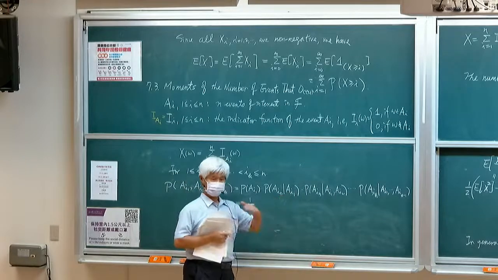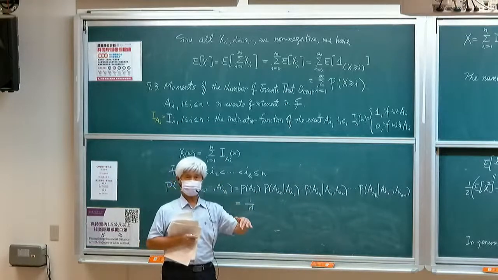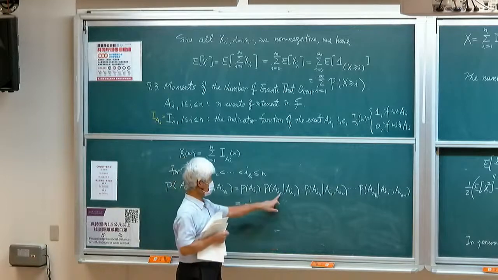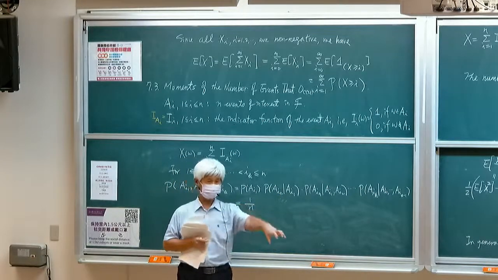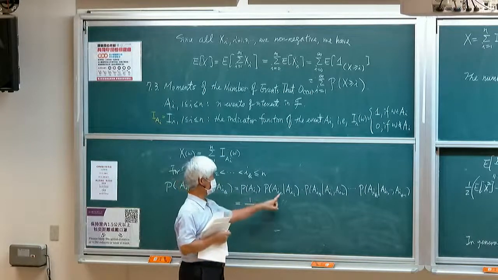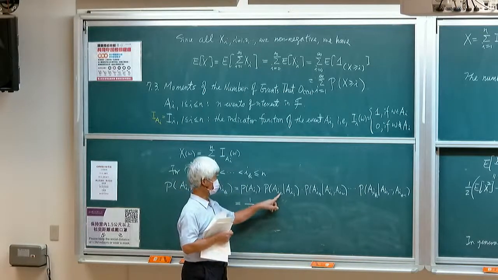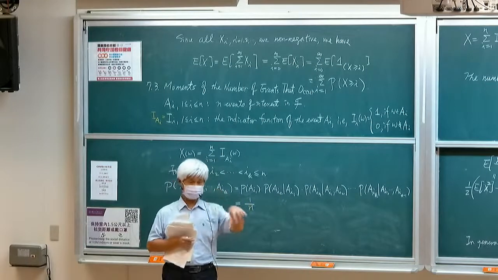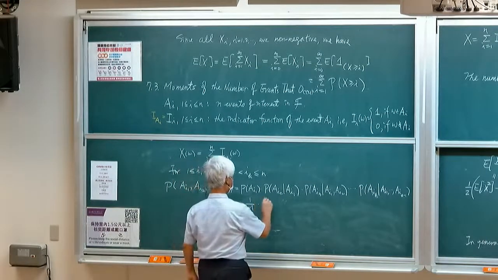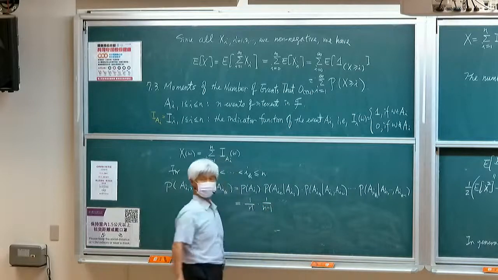So there are only n minus 1 heads left in the pool, and the second person comes to pick up a head, and we know that this person's head is still in the pool, so the probability is 1 over n minus 1.